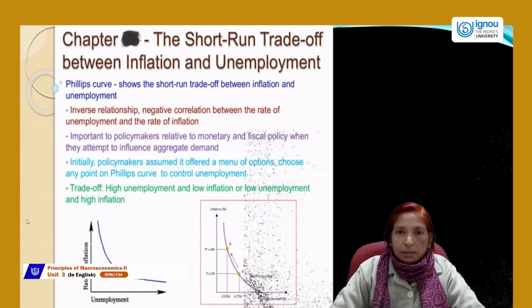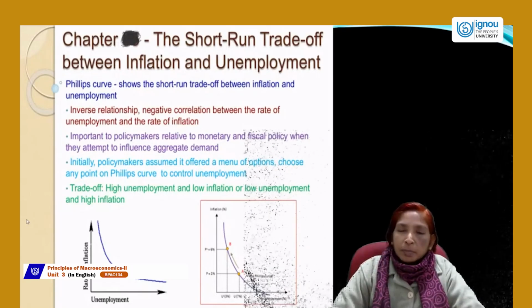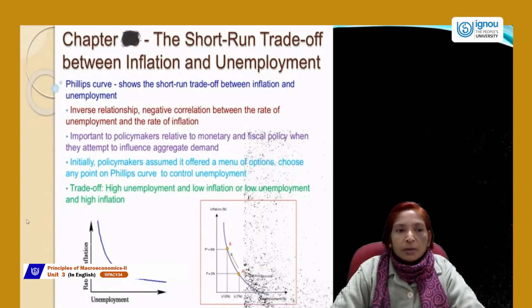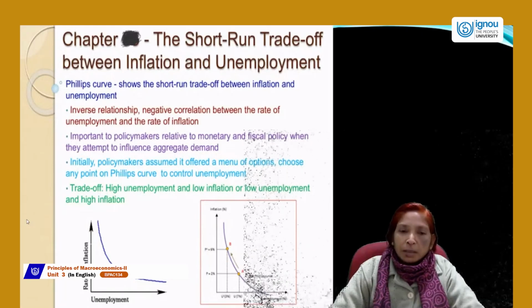It is very important to policymakers, relative to monetary policy and fiscal policy, when they attempt to influence aggregate demand.